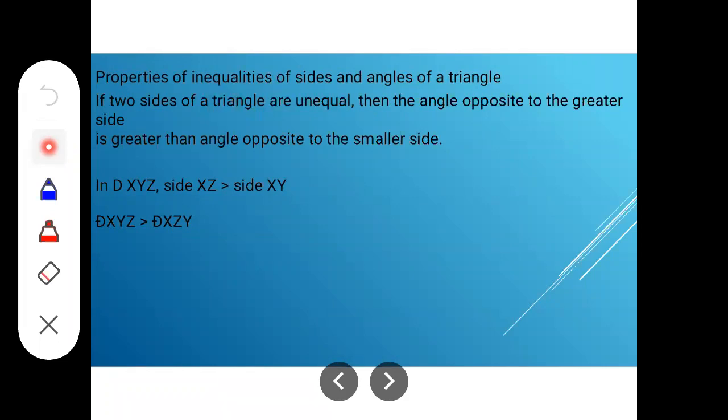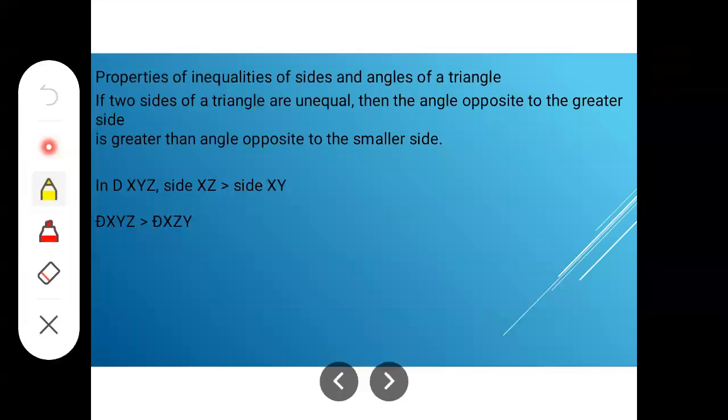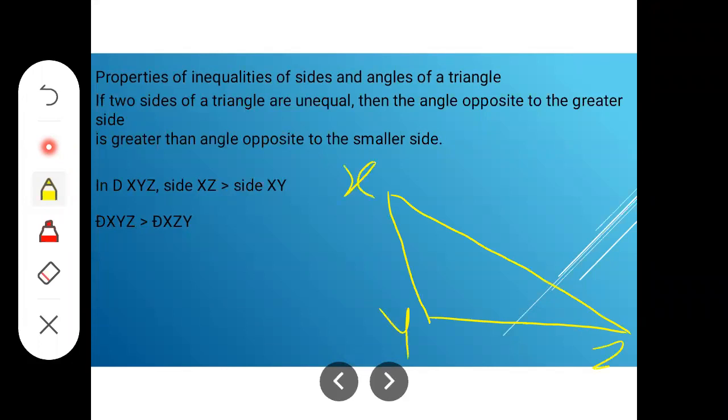So let's draw a triangle whose sides are not equal. Okay, this is a triangle. Let's label it X, Y, Z. Now what is given?